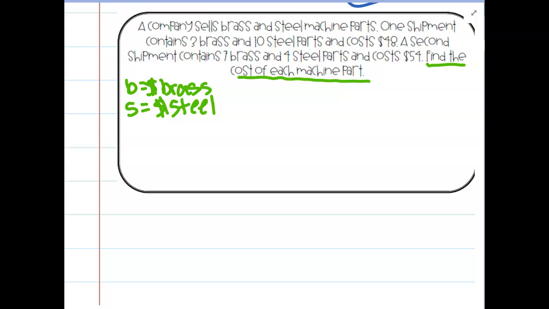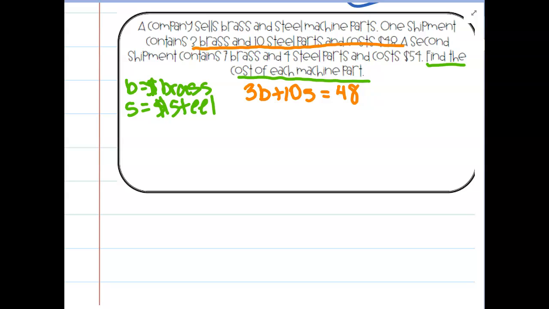Now we need 2 equations. Now guys, these are the easiest equations in the world to write. Watch this. Company sells brass and steel machine parts. One shipment contains 3 brass and 10 steel parts and costs $48. Watch this. 3 brass and 10 steel and costs $48.